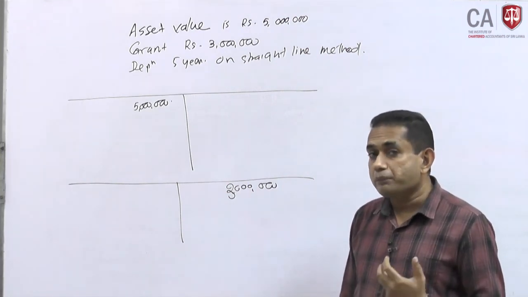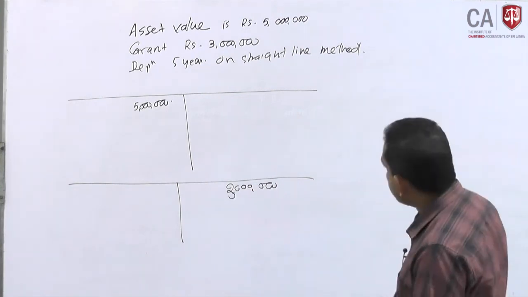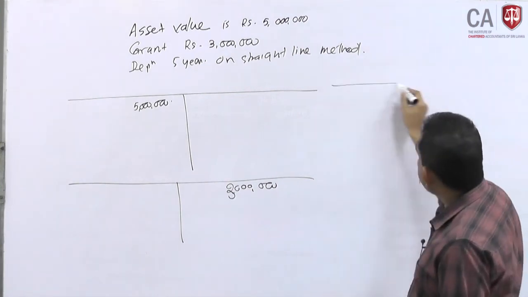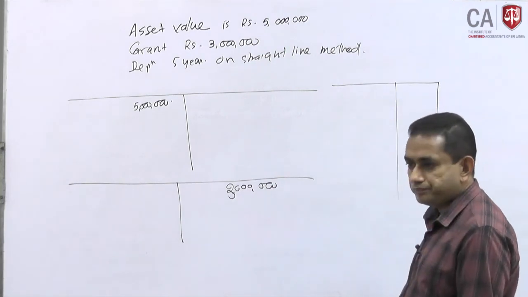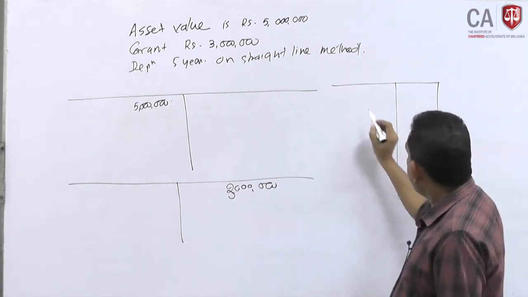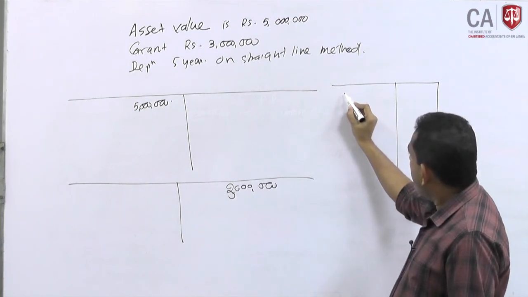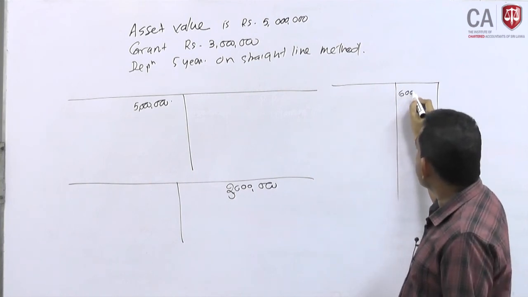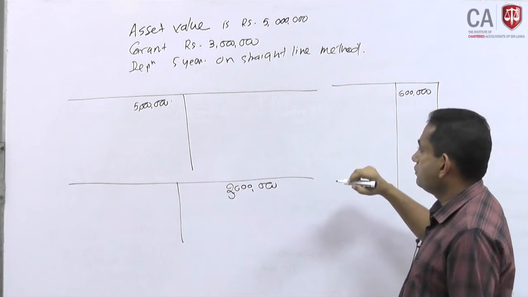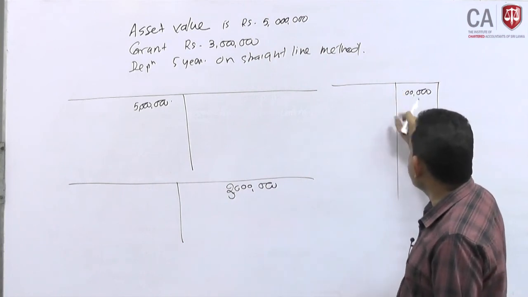The value to be depreciated should be 3 million rupees. If you depreciate the asset, the annual depreciation here should be 600,000. I made a mistake, should be 400,000.